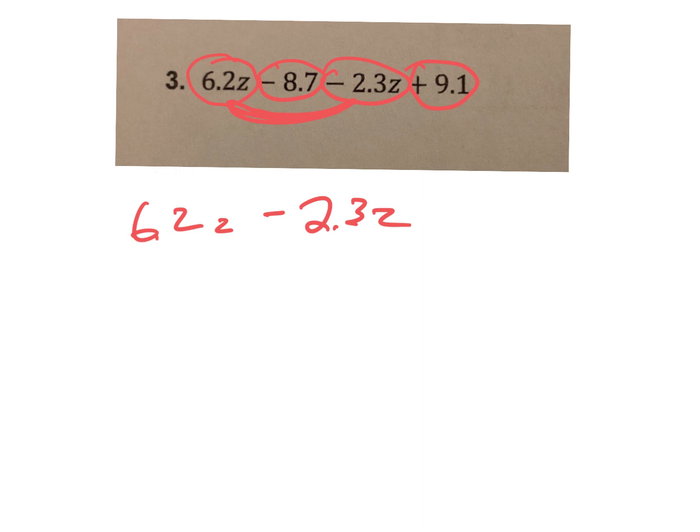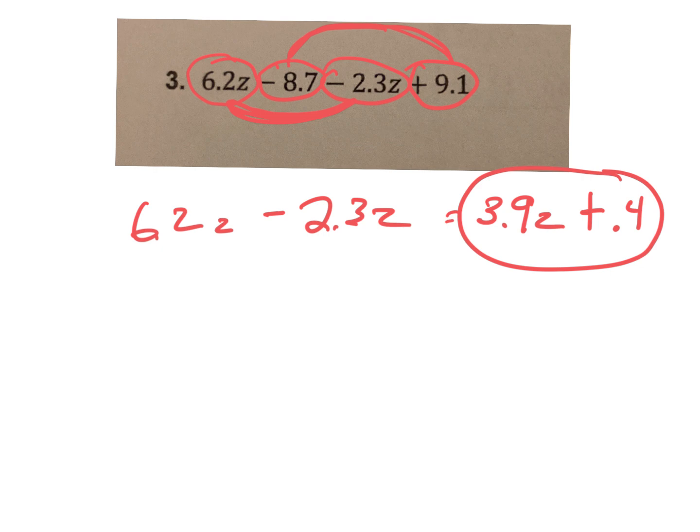And when I do that, 6.2 minus 2.3 equals a positive 3.9 z. Then I'm going to put the negative 8.7 with a positive 9.1. Now, the positive is bigger, so when I find the difference, it'll be a positive number. 9.1 minus 8.7 equals 0.4, plus 0.4. And that is my answer.